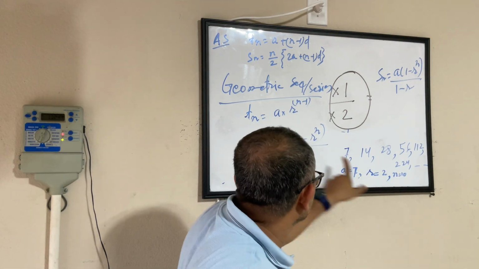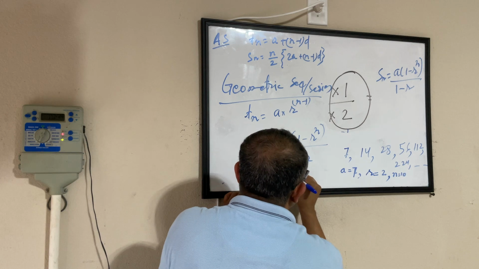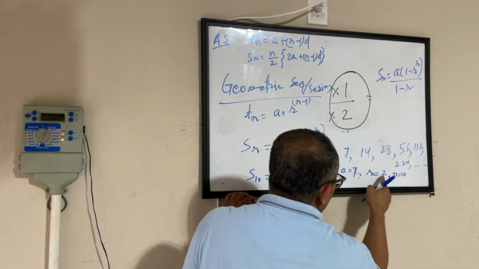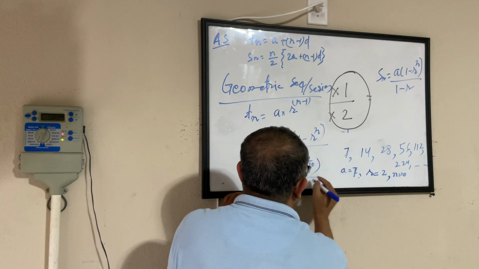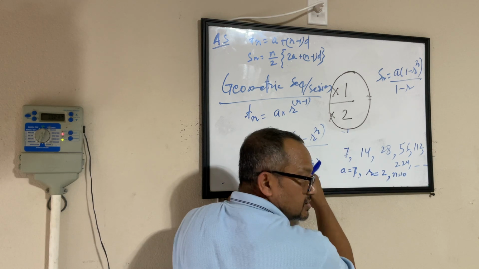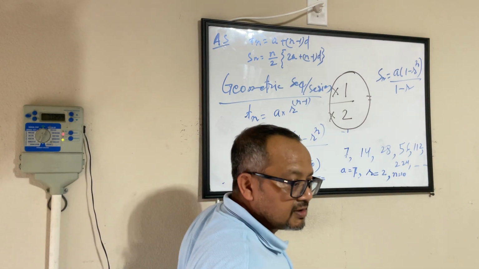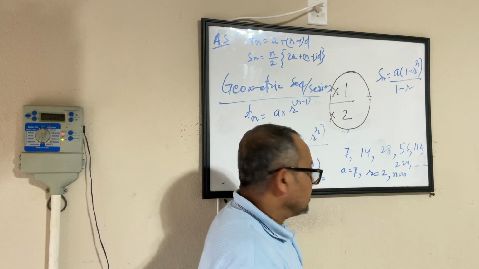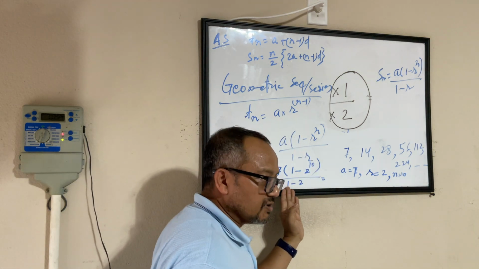Let me substitute this whole thing in this equation and see what happens. 7 times 1 minus 2 to the power 10, divided by 1 minus r, r is 2 again. So this becomes 7 times 1 minus 2 to the power 10 divided by minus 1.